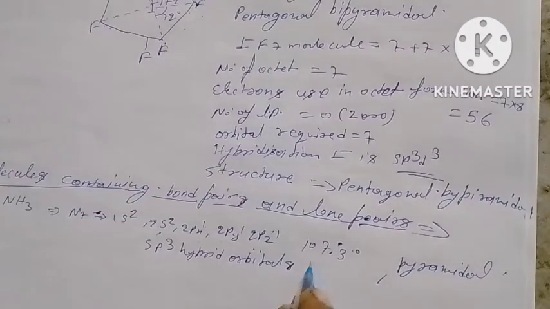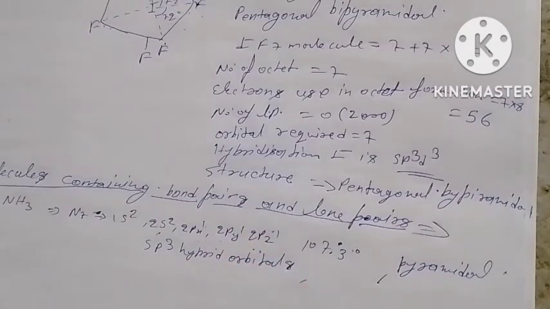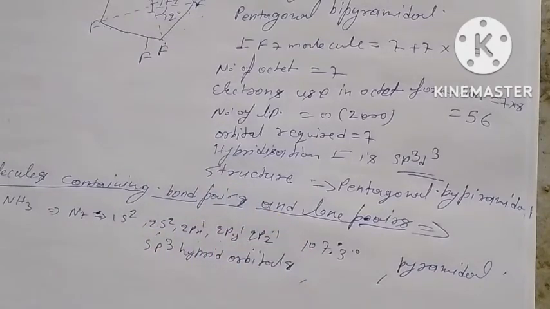One hybrid orbital contains a lone pair, and the rest 3 hybrid orbitals contain 1 unpaired electron each. The NH3 ammonia molecule is formed by the overlap of 3 sp3 hybrid orbitals of the nitrogen atom with 3 hydrogen atoms, each containing 1 unpaired electron, 1s1.